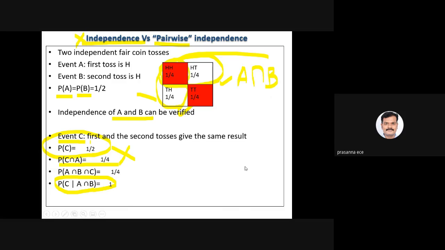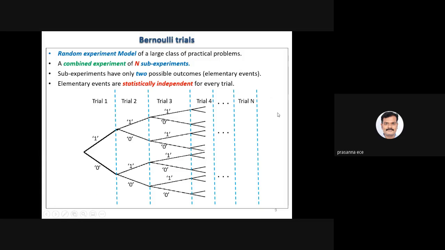So now we come to the concept of Bernoulli trials. With that we have completed independence. So now we see what Bernoulli trials are. A Bernoulli trial is a particular random experiment model, and it applies to a large class of practical problems.